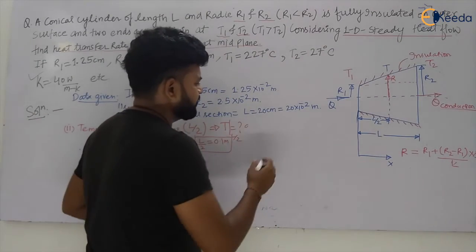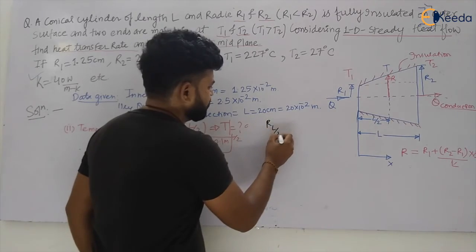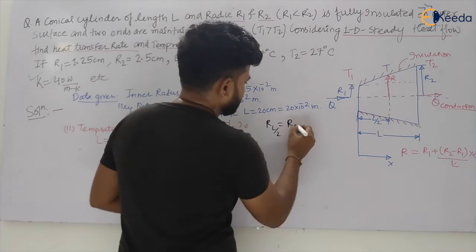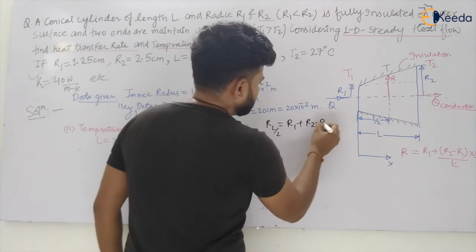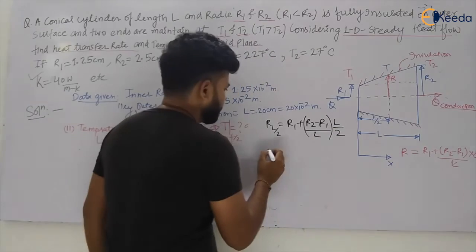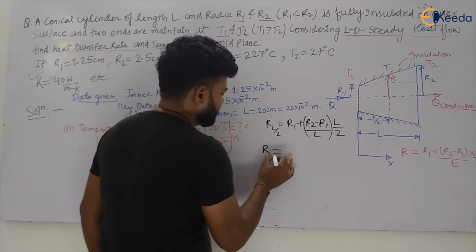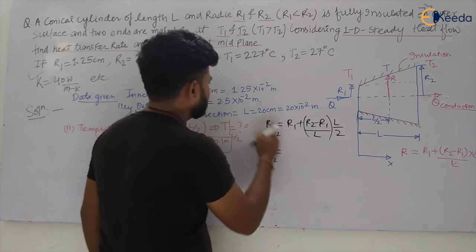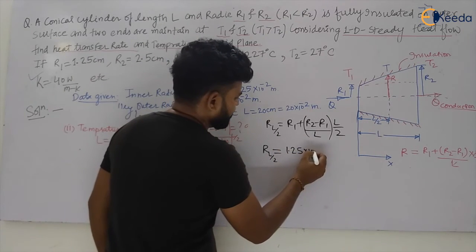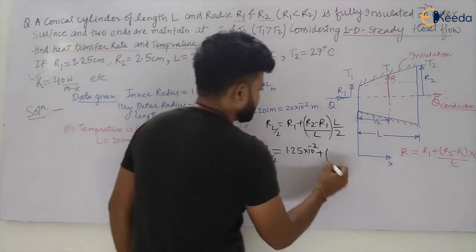Let us calculate it. That is R at L by 2 will become equal to R1 plus R2 minus R1 divided by L multiplied by L by 2. So what is your R1, my dear students? R1 is given to be 1.25 into 10 to the power minus 2 plus what is R2 minus R1?